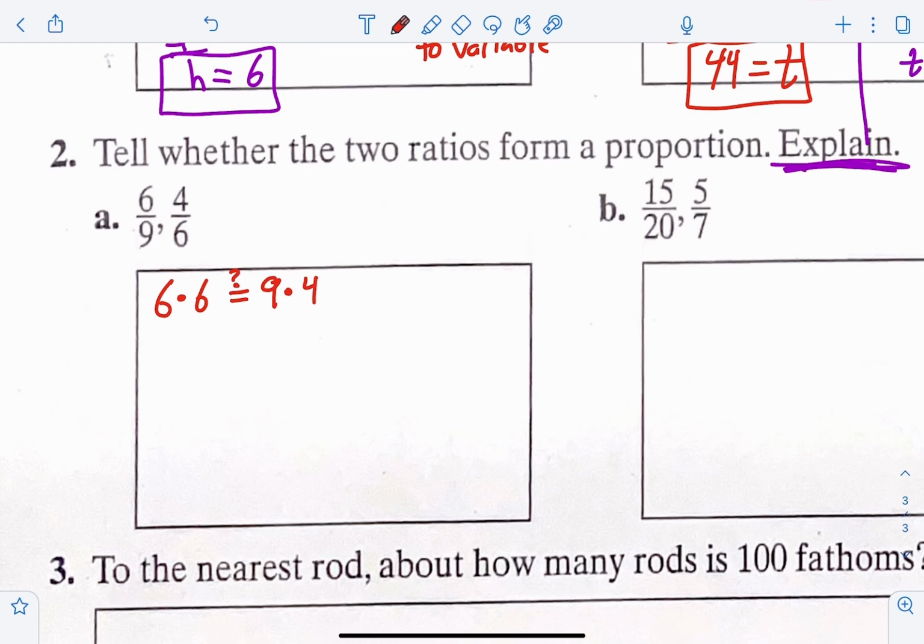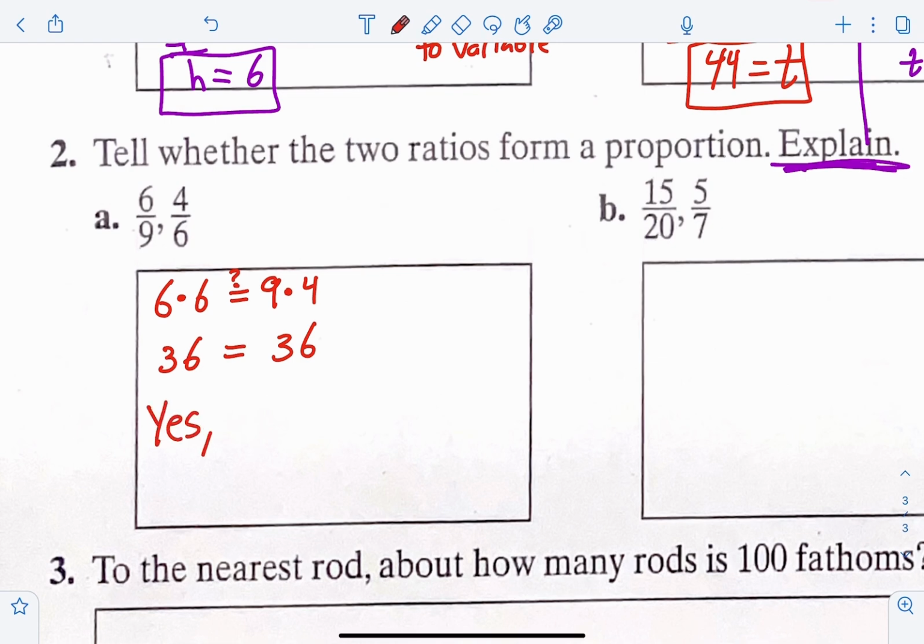Okay, that's how we set it up. 6 times 6 is 36. 9 times 4 is also 36. So then once we've done that math, we go back and we add an equal sign. And now we see that they are, in fact, proportionate. So we're going to say yes.